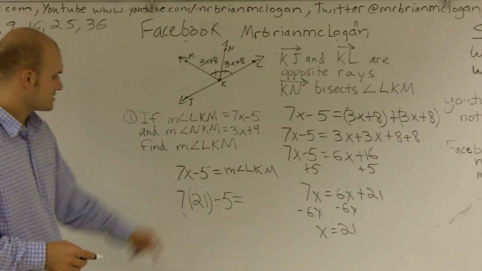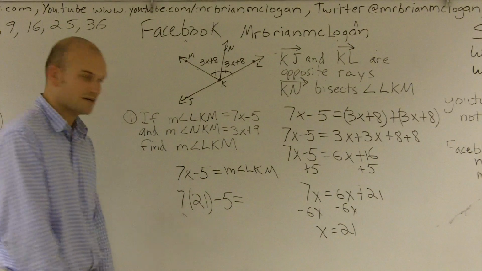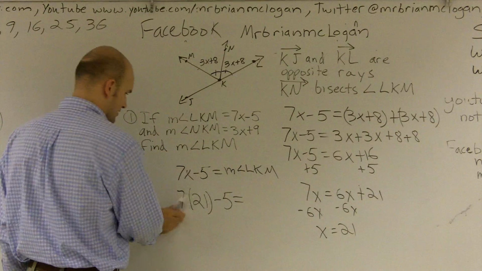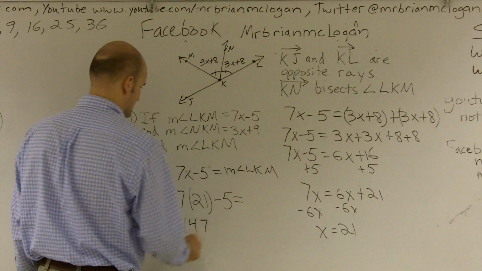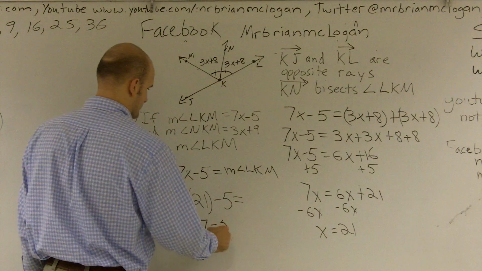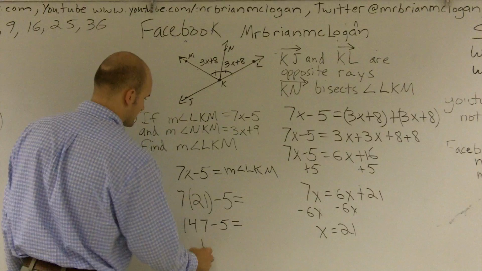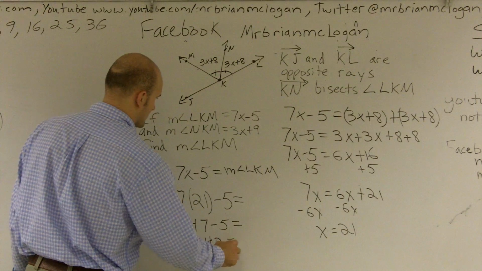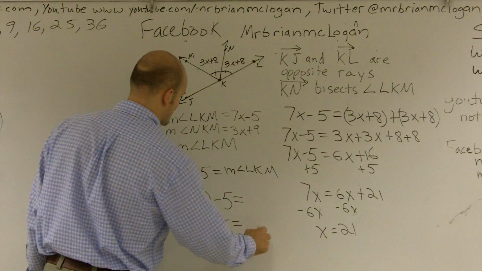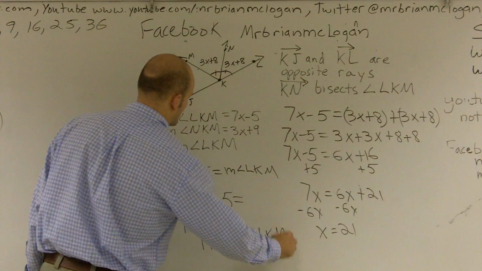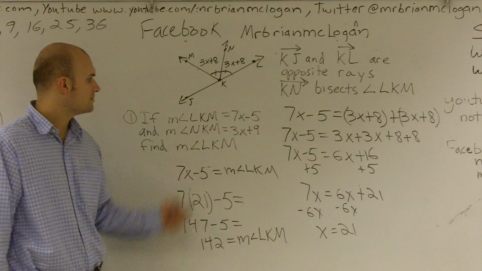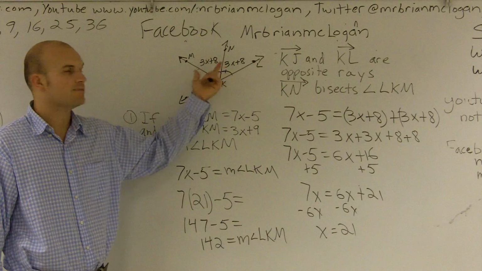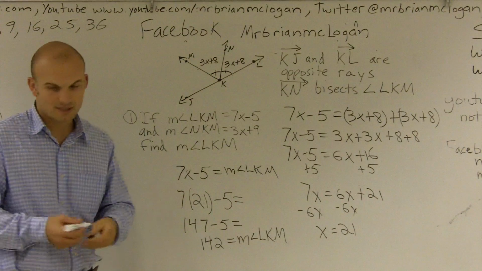Well, 7 times 21 is going to be 147, and 147 minus 5 equals 142, the measure of angle LKM. All right, so that is how you use your bisecting term to help you solve those two problems.